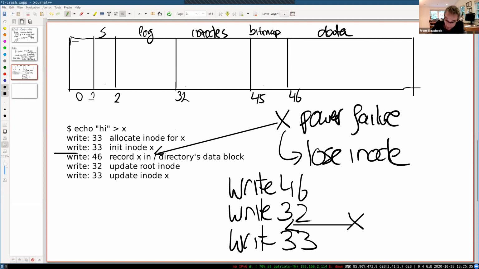It's marked unallocated. And worse, what could happen is that the inode might be allocated again, because it's marked as unallocated, to in fact a different file, correct? And so now we have two files that, even though they're completely different, share the same inode.